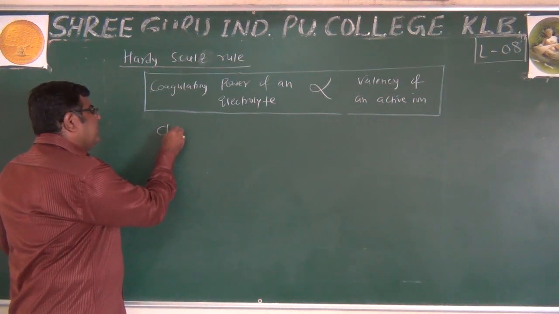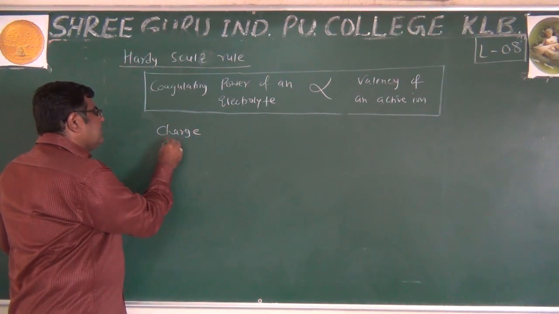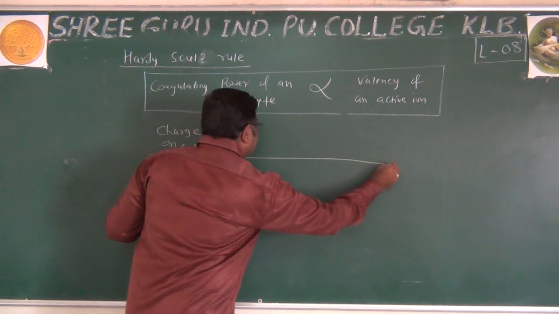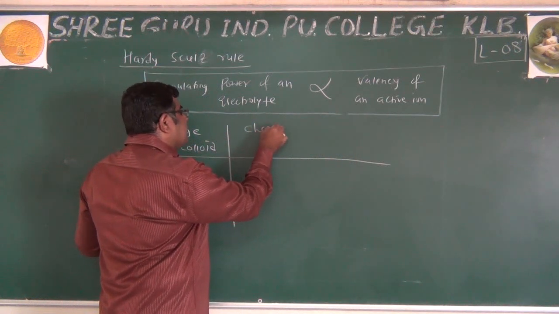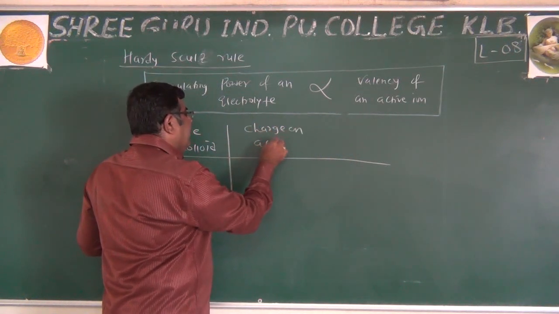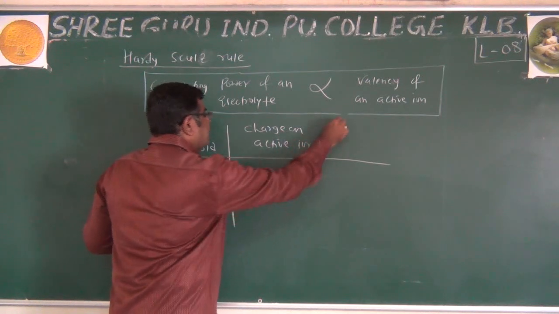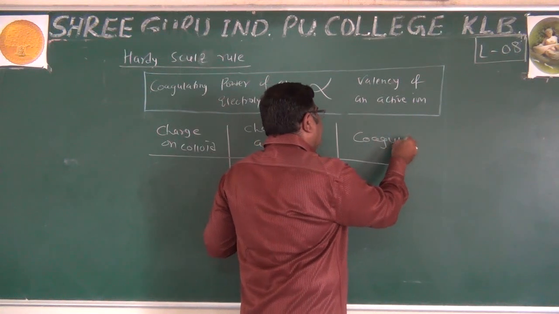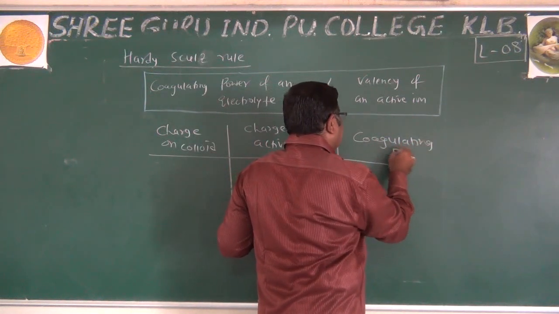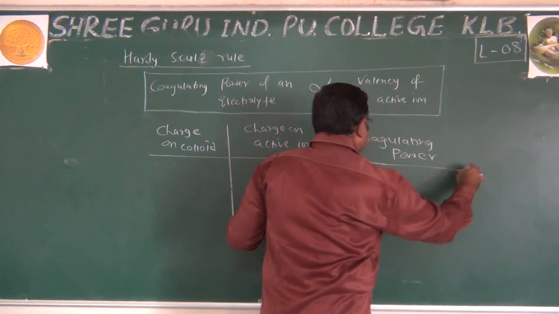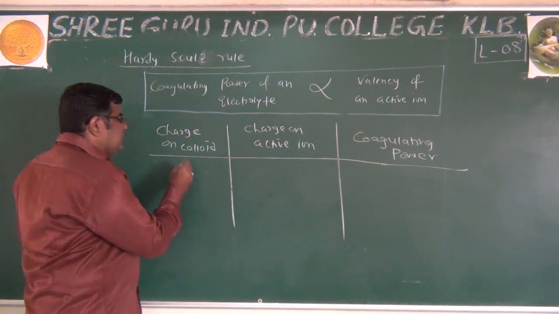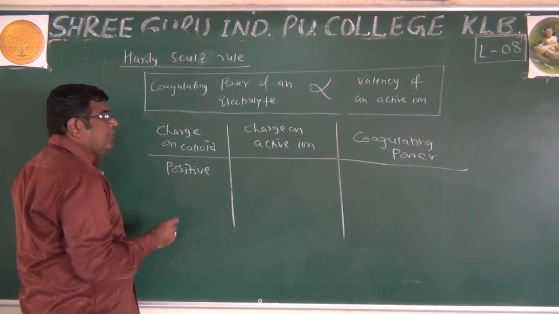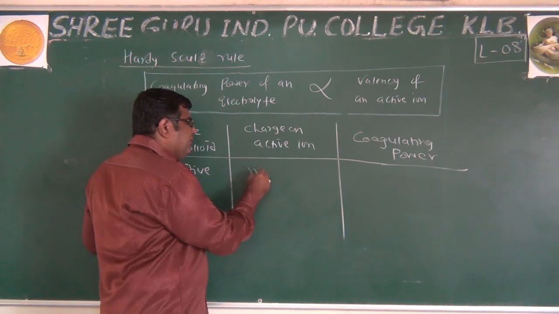So we can make columns: charge on colloid, charge on active ion, and coagulating power. If the charge on the colloid is positive, what is the charge on the active ion? Negative.